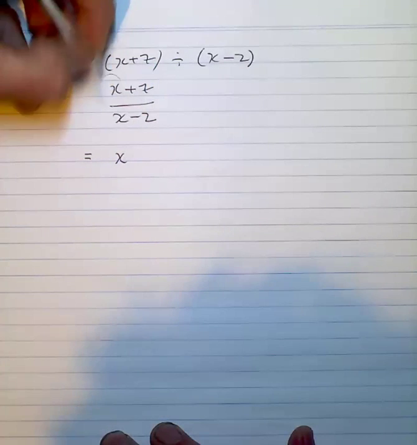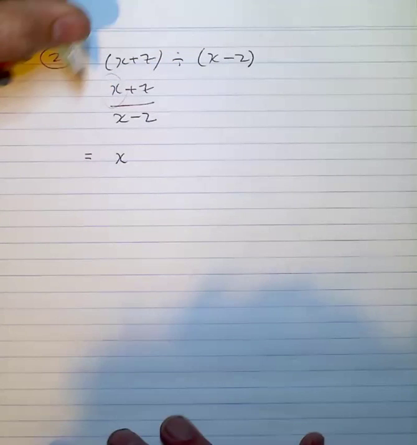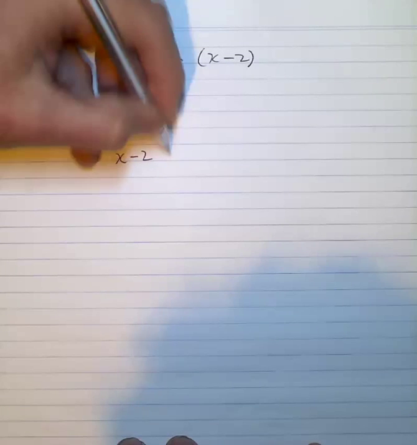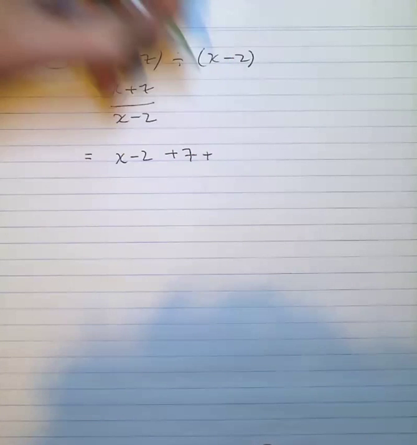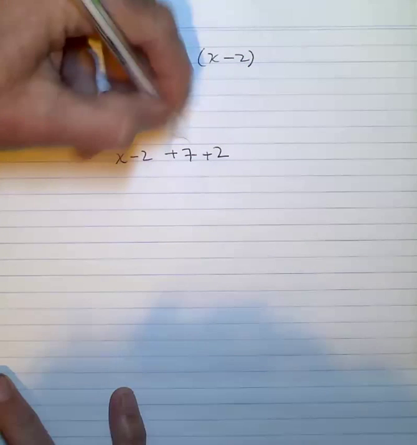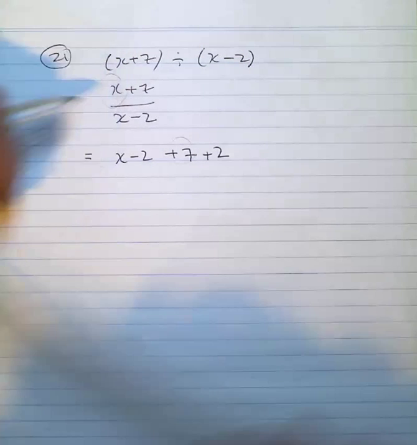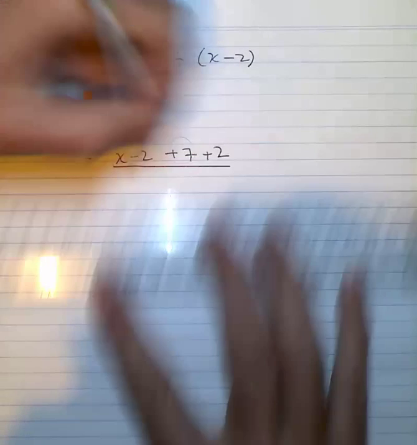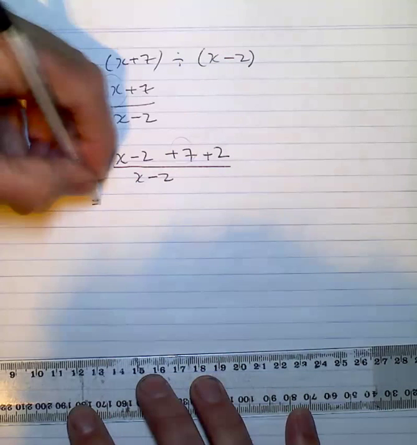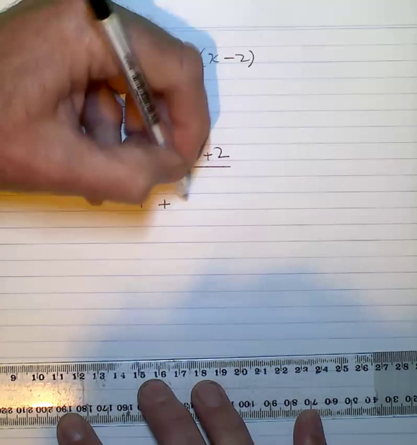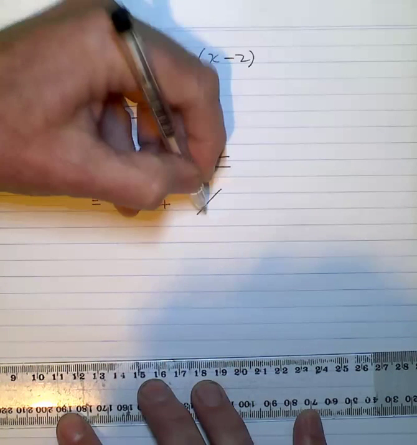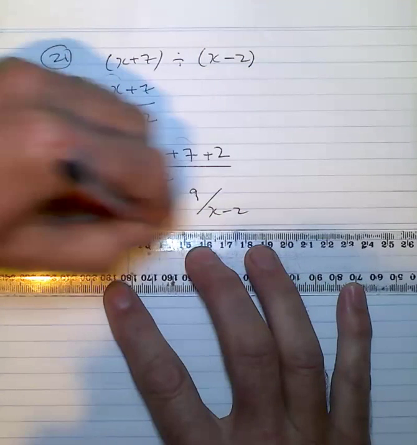Now I'll substitute the x take 2 in for that. Now to even things up, I've got to add 2 to give me the 7 overall, and that will be divided by x take 2.